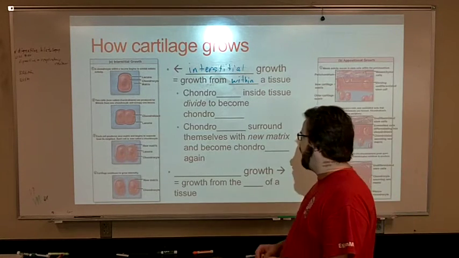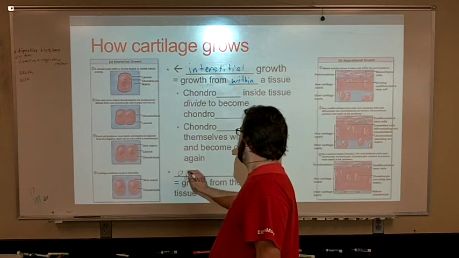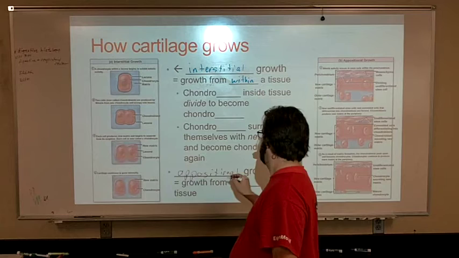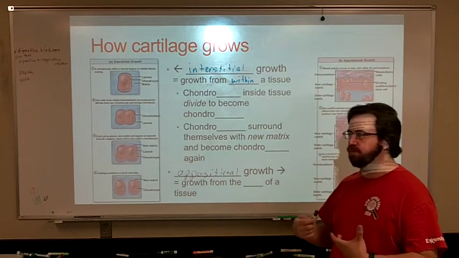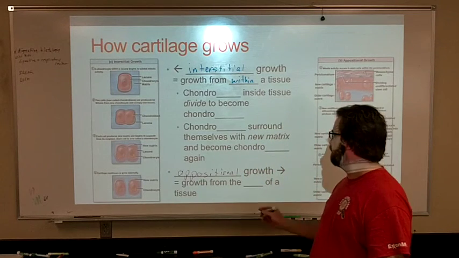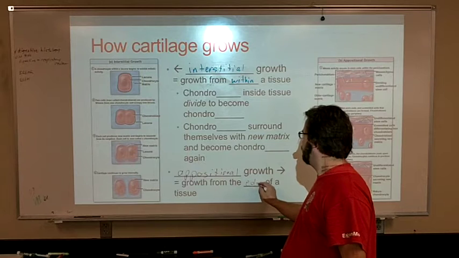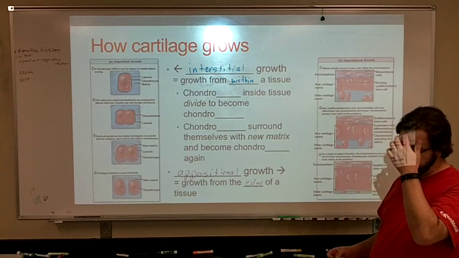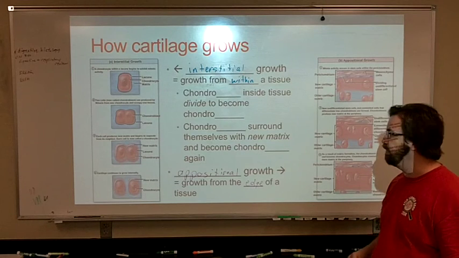The opposite of that is appositional. Appositional growth is growth from the edge of a tissue. There is also interstitial and appositional growth of bone that we'll get to in a little bit.